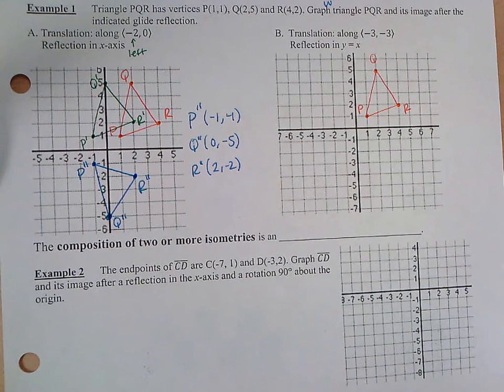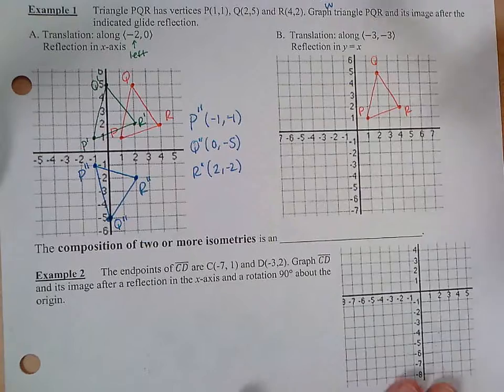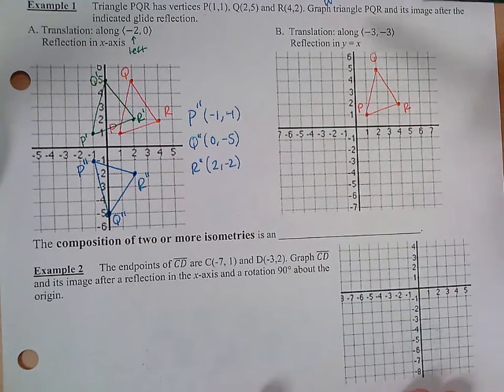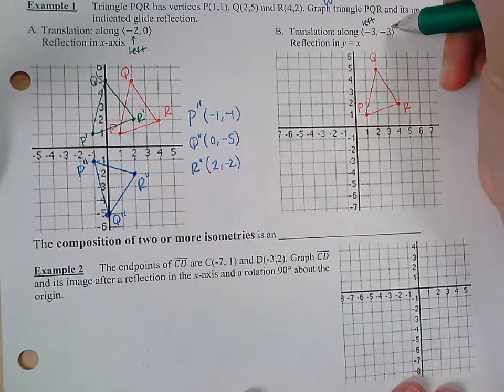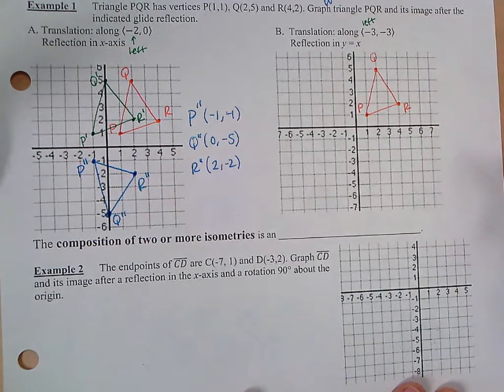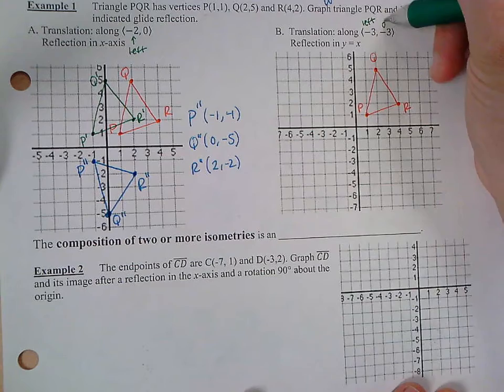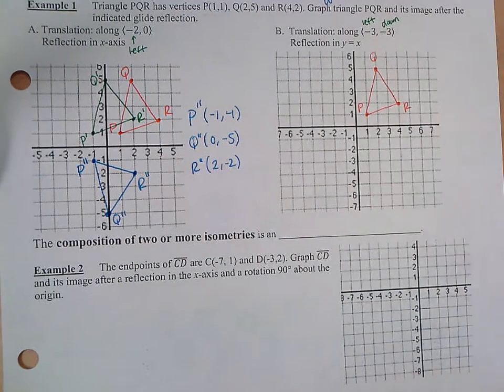So this one, we're translating along -3, -3, and then reflecting in y equals x. So our translation first, -3, -3, so we're going left 3, and then this -3 means what? Down. So left 3, down 3.